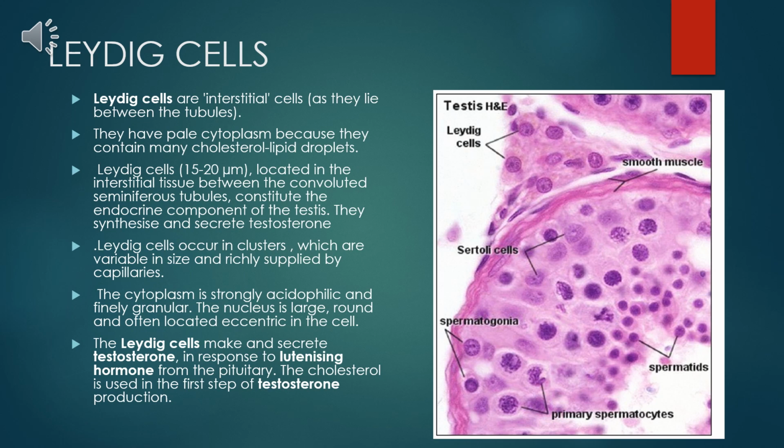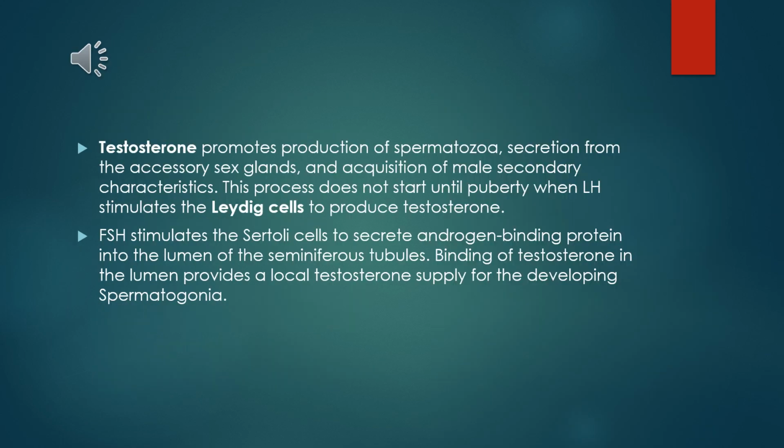The Leydig cells make and secrete testosterone in response to the luteinizing hormone or LH from the pituitary. The cholesterol is used. It is the first step of testosterone production. Testosterone promotes the production of spermatozoa, secretion from the accessory sex glands, and acquisition of male secondary characteristics.